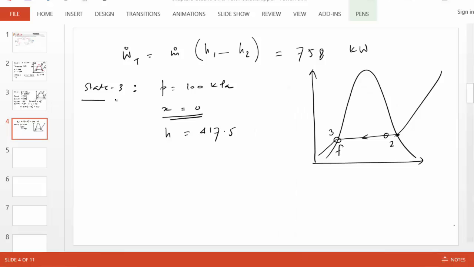Okay, to find state 4, which is a subcooled liquid, we have liquid at state 3, and with an isentropic pump, we are raising the pressure. So this is the liquid zone, and for the liquid zone we use a model called the subcooled liquid model.